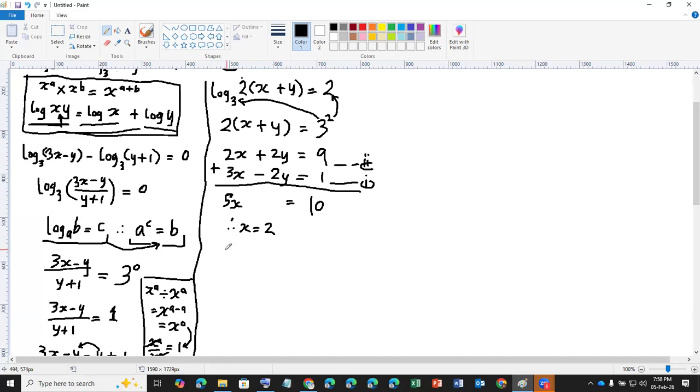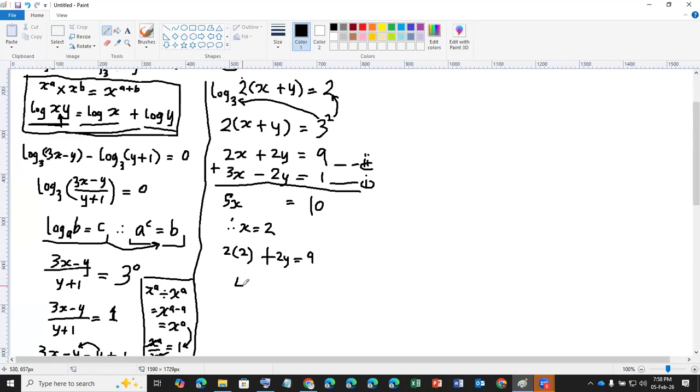So let's put it in equation 2. Equation 2 says 2x plus 2y equals 9, so anywhere we see x, we put 2. Equals 9. Okay. And 2 times 2 is 4, right?